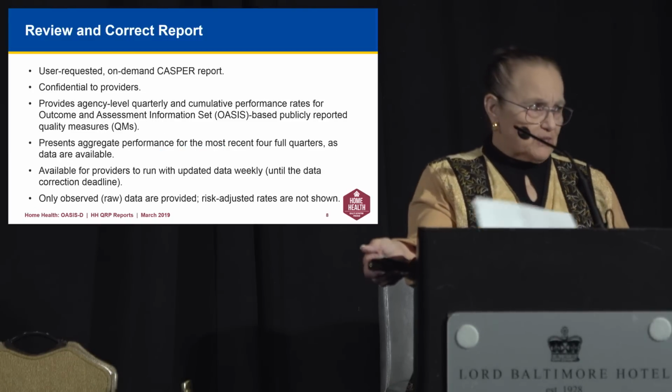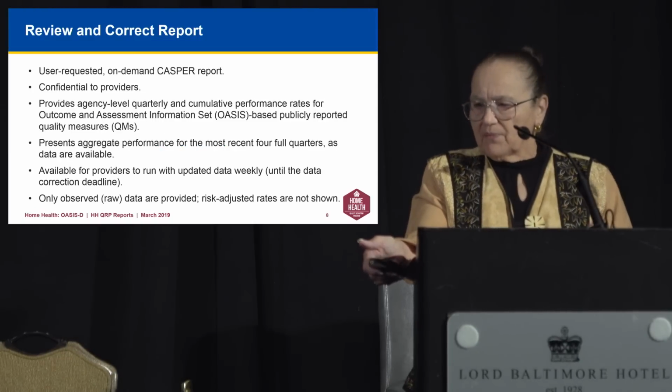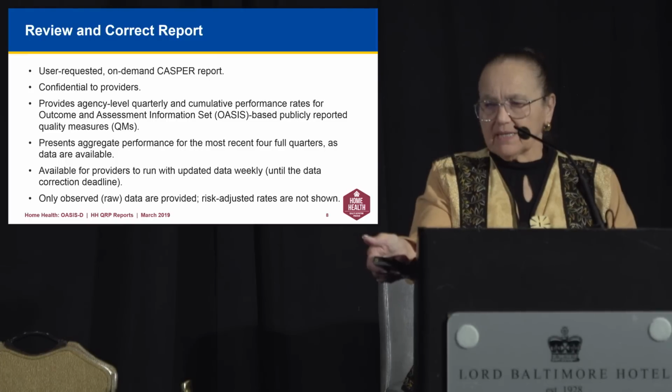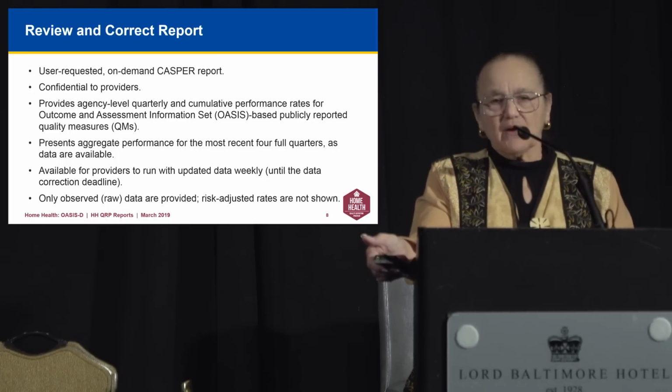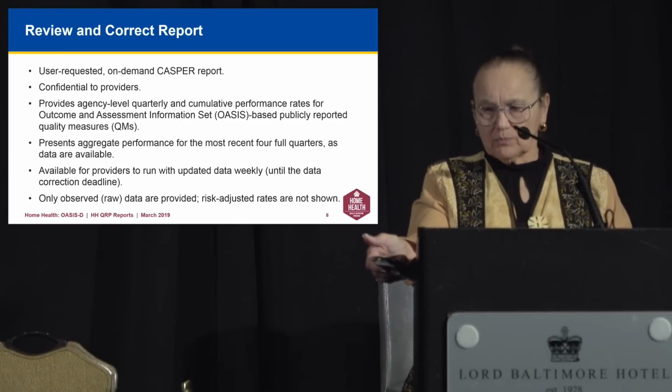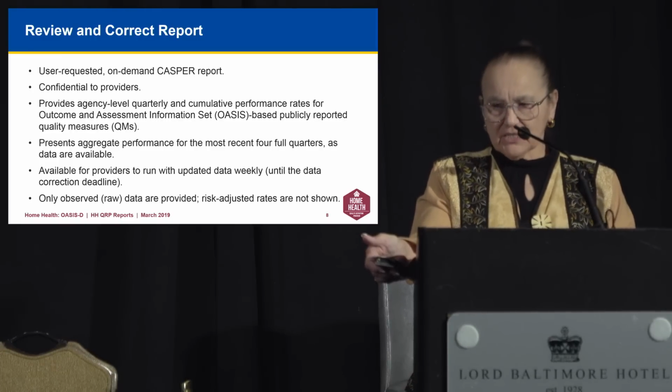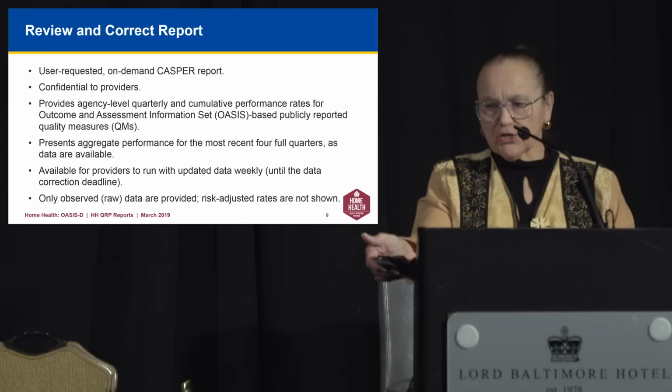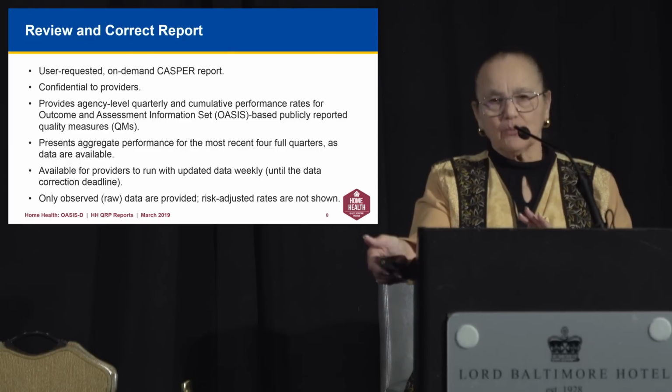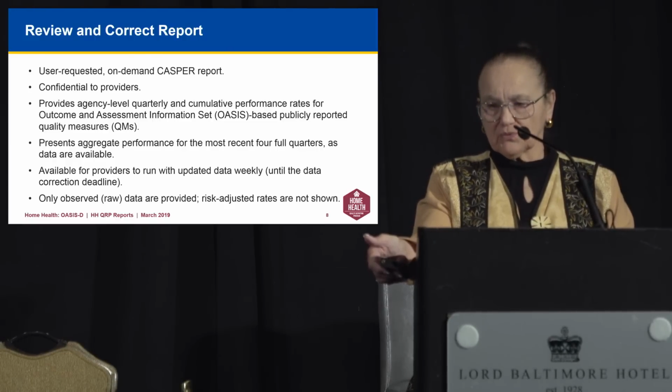The review and correct reports. These are user-requested, on-demand. They're confidential to you. They provide agency-level, quarterly, and cumulative performance rates for your Outcome and Assessment Information Set, OASIS-based reporting quality measures.